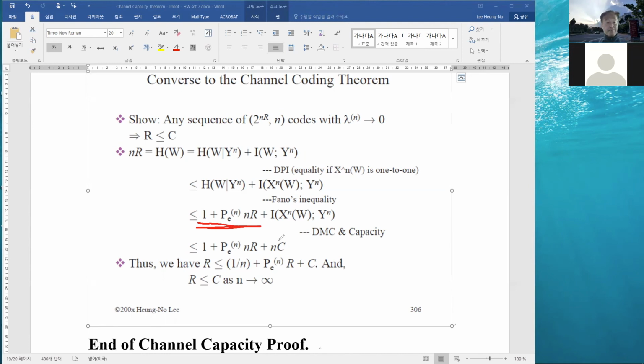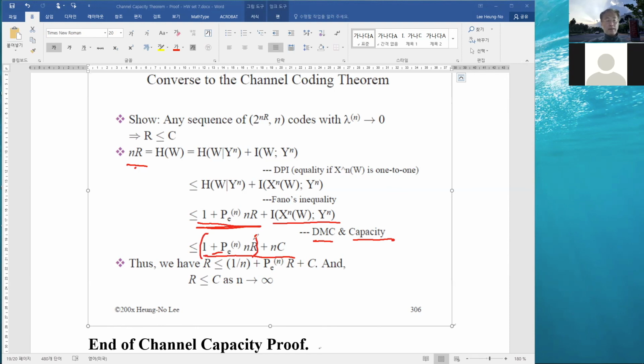Previously, this term was 0 in the case of zero error probability. Having this, we compare with the mutual information part, which using the DMC and the capacity should be upper bounded by n times C. This is the part that involves Fano's inequality.